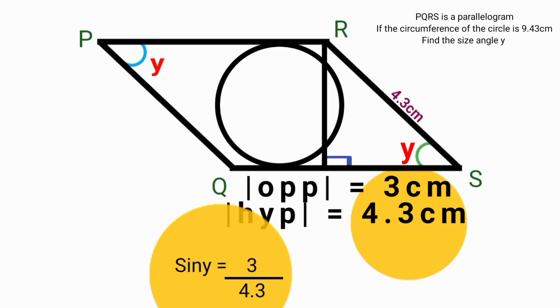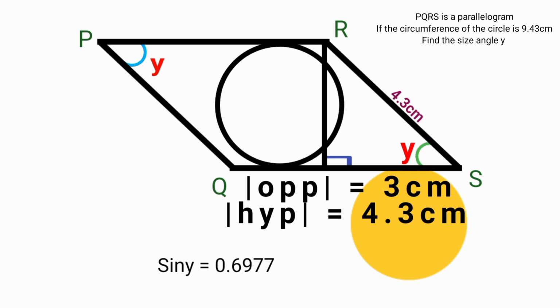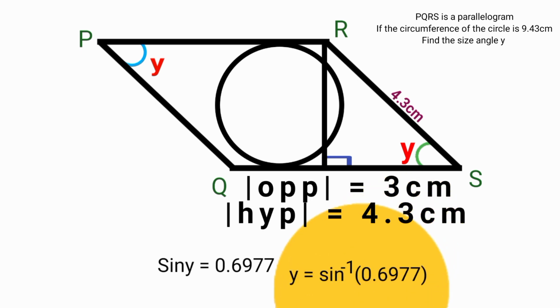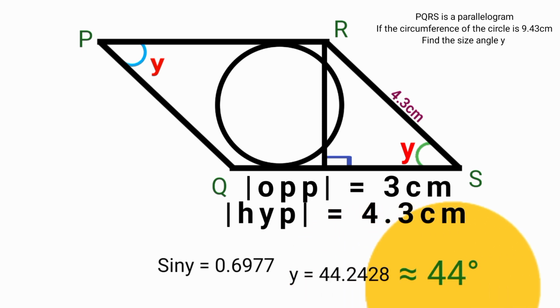Now 3 over 4.3 is 0.6977. So sine y equals 0.6977. To find the exact value of y, y will be equal to sine inverse of 0.6977, which equals 44.2428, approximately equal to 44 degrees.